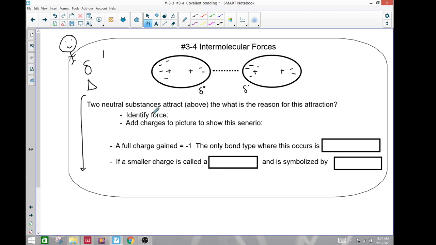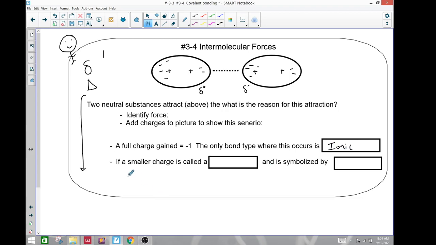Two neutral substances attract. Now, a full charge gained equals -1. The only bond type where this occurs would be what? If you actually have a -1 charge, it would be ionic.